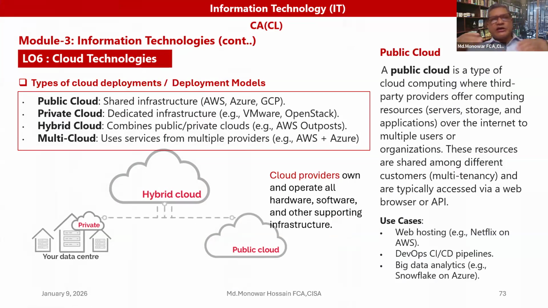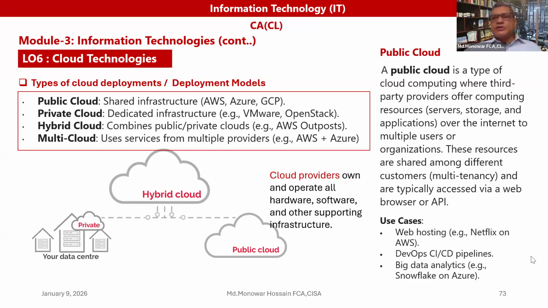And hybrid cloud is a combination of private and public cloud. And multi-cloud, where we use services from multiple providers. And look here, cloud providers own and operate all hardware, software, and the other supporting infrastructure.